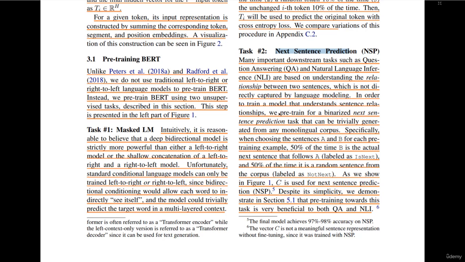In order to train a model that understands sentence relationships, we pre-train for a binarized next sentence prediction task that can be trivially generated from any monolingual corpus. Specifically, when choosing the sentences A and B for each pre-training example, 50% of the time B is the actual next sentence that follows A and is labeled as is next, and 50% of the time it is a random sentence from the corpus, labeled as not next.